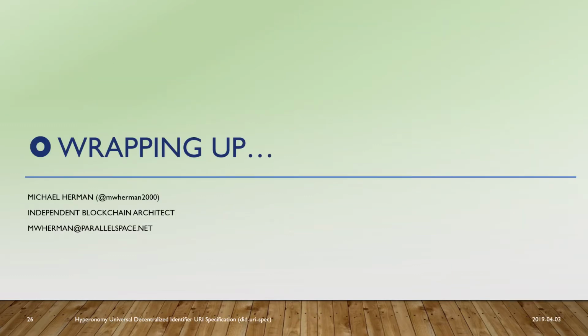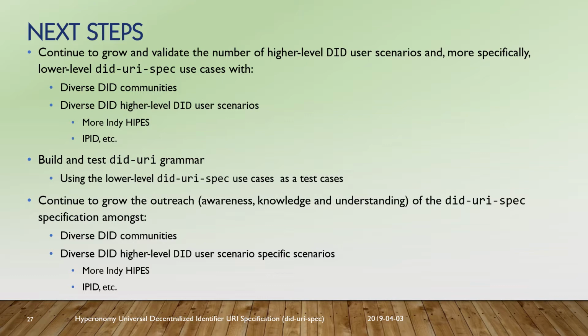So wrapping up, the next steps continue to be the same for all 4 webcasts. It's about growing the number of user scenarios, continuing to validate the approach, engaging with more and more diverse did communities and higher level scenarios, building and testing the did-uri grammar and the domain-specific did grammars that are created, and growing the outreach in terms of awareness, knowledge, and understanding.